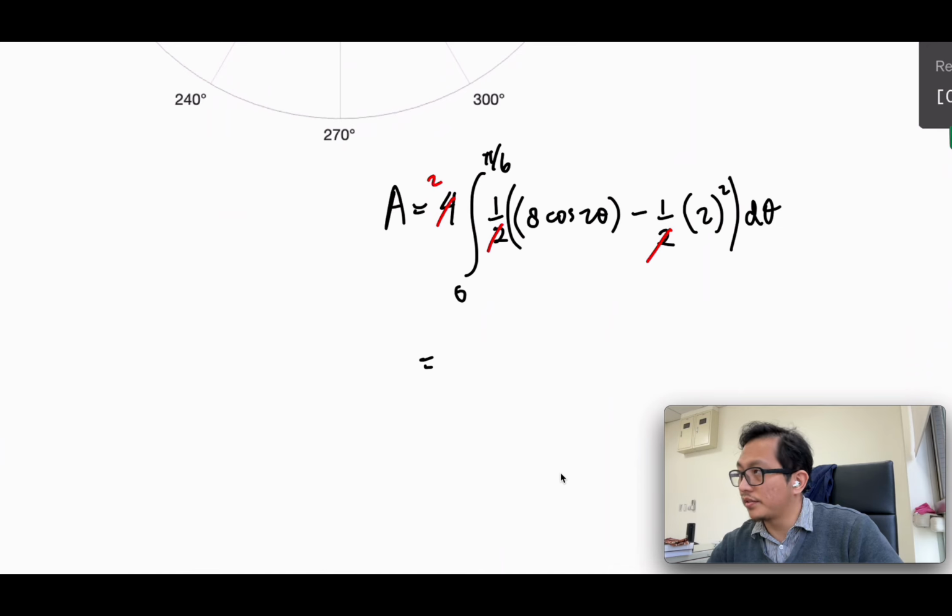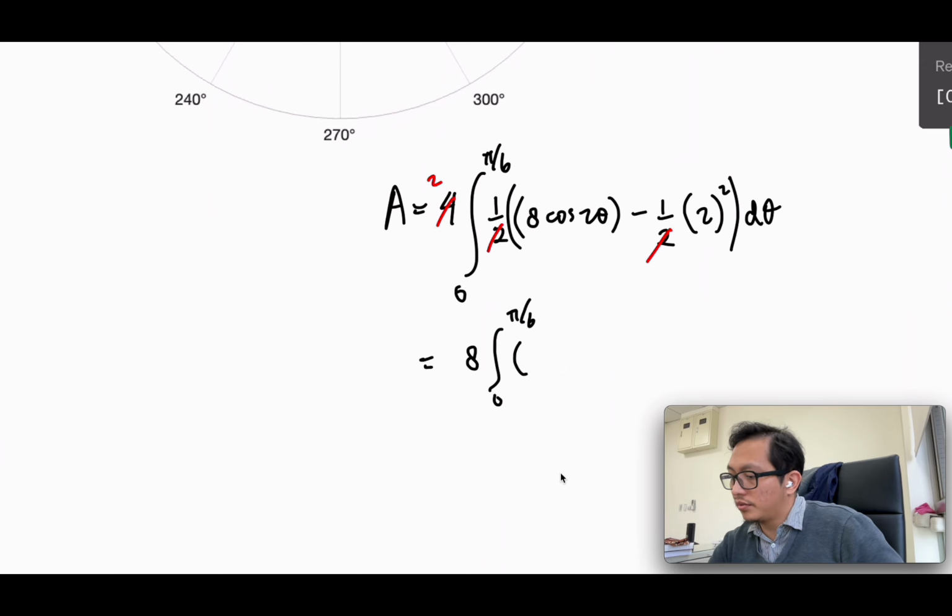So we have a 2 and then 8. I think we can write 8 outside, and this will be 2, so this is 4. I will just write here 2 cosine 2 theta, because it's supposed to be 16.